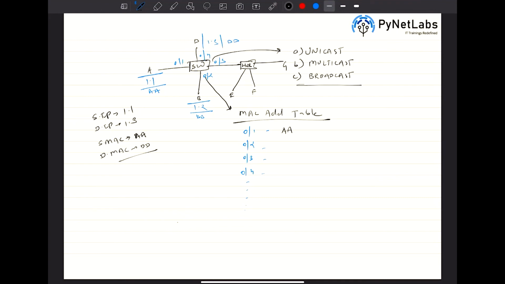But it doesn't store the destination MAC address, DDDD, into the table, because there is a very strong behavior of a switch that you should note down as an important point: a switch only trusts the source MAC address.